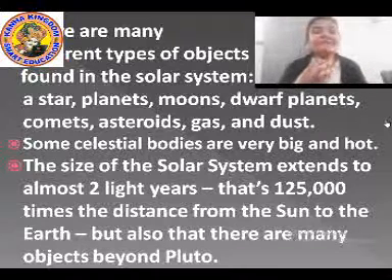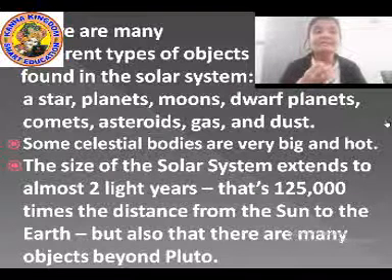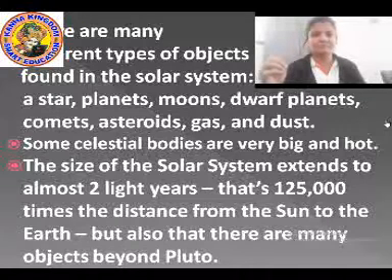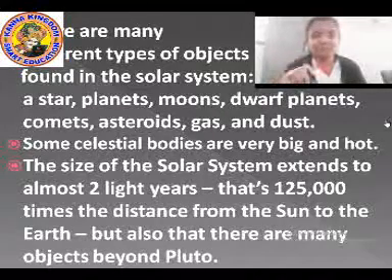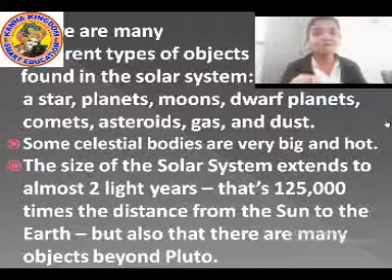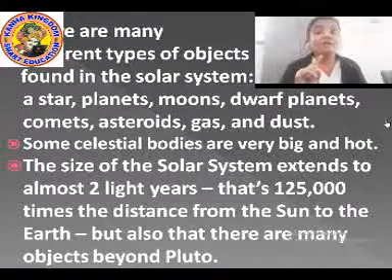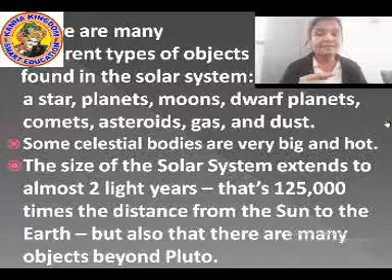You can count it as 125,000 times the distance from the Sun to the Earth. I repeat again, the size of the solar system extends to almost 2 light years. That's 125,000 times the distance from the Sun to the Earth.